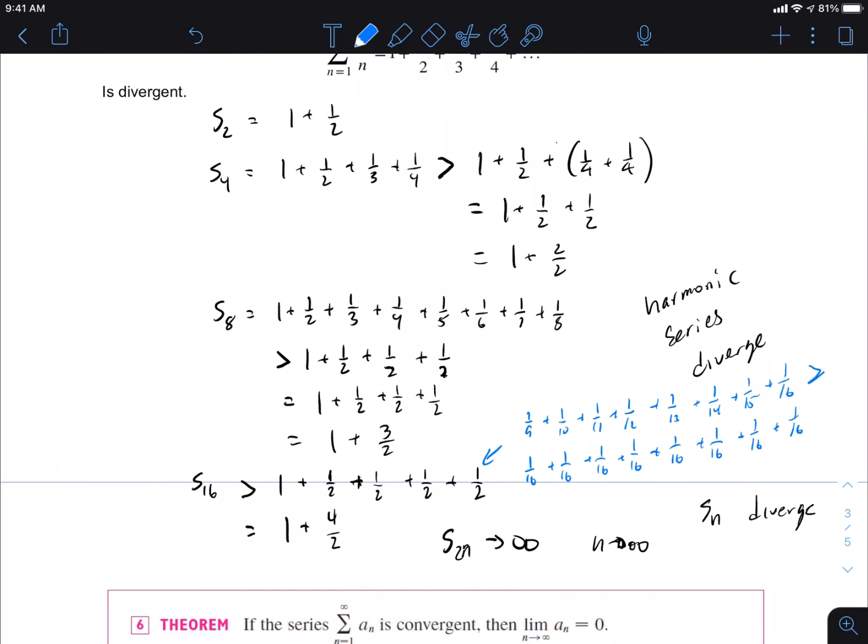This one is bigger than that one, and that one ends up equaling 8/16, which is a half. So all I'm doing is saying if I add something smaller and that is divergent, something bigger will be divergent also. That's the reasoning that's going on in this problem. Okay? I know it's a little bit weird, but that's the way it goes. All right.